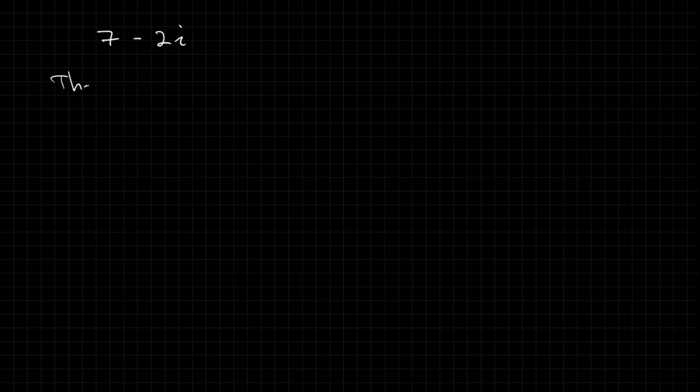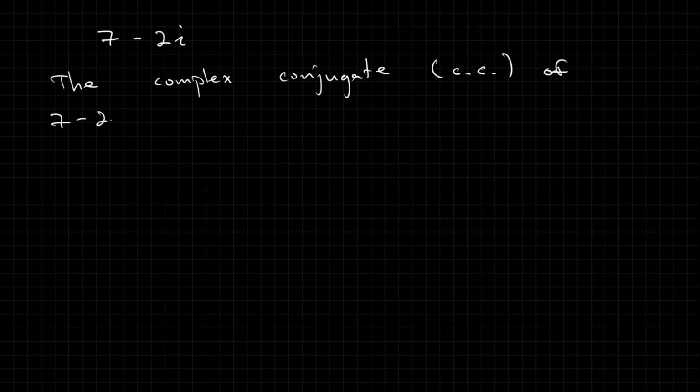So the complex conjugate, which I will say CC, of 7 minus 2i is 7 plus 2i. So we don't do anything to the real part, but on the imaginary part, we negate the imaginary part.